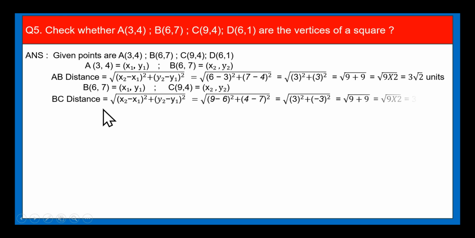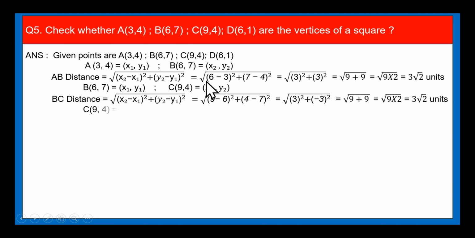Now BC distance is root over (x2 minus x1) whole square plus (y2 minus y1) whole square. x2 is 9 minus x1 is 6, (9 minus 6) whole square, plus y2 minus y1 means (4 minus 7) whole square. 9 minus 6 is 3 square, plus 4 minus 7 is minus 3 square. 3 square is 9, minus 3 square, minus 3 into minus 3 is also plus 9. 9 plus 9 is 18. 18 means again 3 root 2 units.